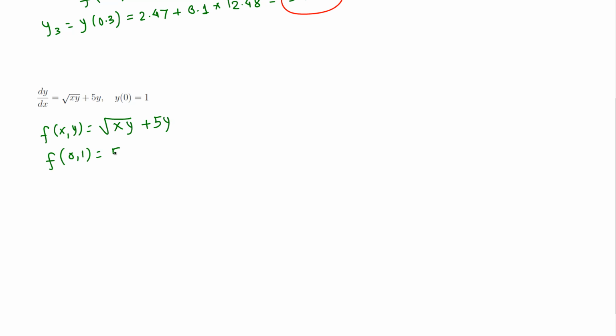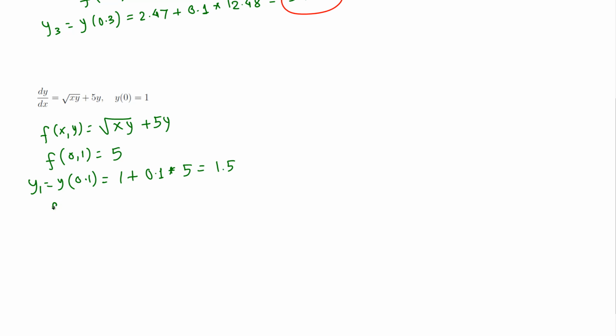So this is 5. Then using that formula, y1, which is y at 0.1, is the previous y value 1 plus step size 0.1 times the slope 5. That becomes 1.5.